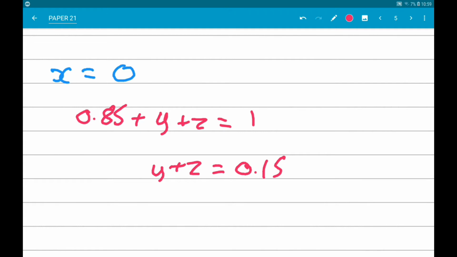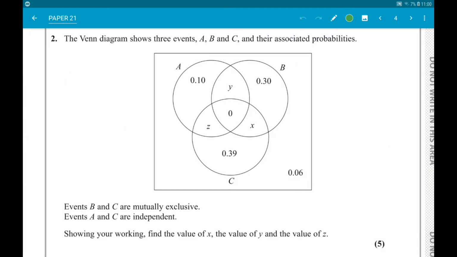Okay, so that's not much use on its own. Now, we also know that A and C are independent.